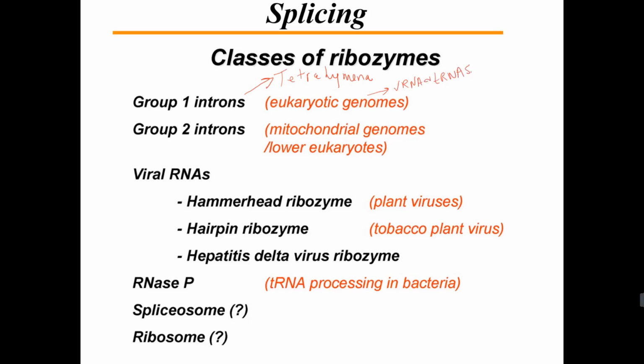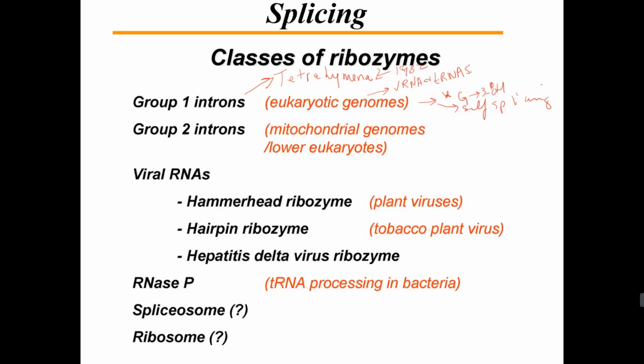The key thing is that you require that G cofactor, which uses its 3' hydroxyl as the nucleophile to carry out catalysis. They are self-splicing and don't need ATP, and this was first discovered in 1982 using the eukaryotic cell Tetrahymena.